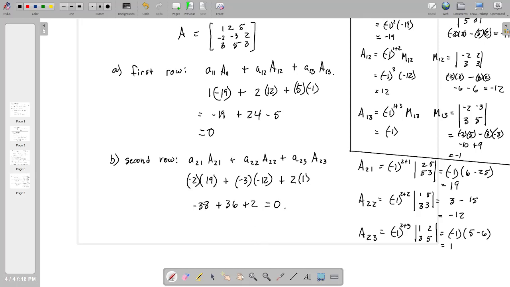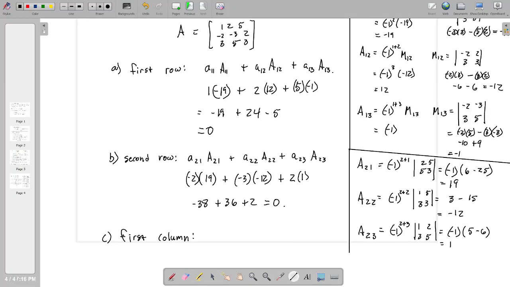Let's do it one more time. But let's do it with a column now. And I'm just going to choose the first column. We already have 2 out of the 3 cofactors for this one. So I'm just going to repeat those. Remember, if we use the first column, it's again the entry times the cofactor in the first column this time.